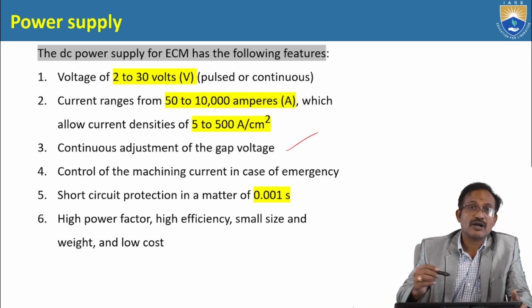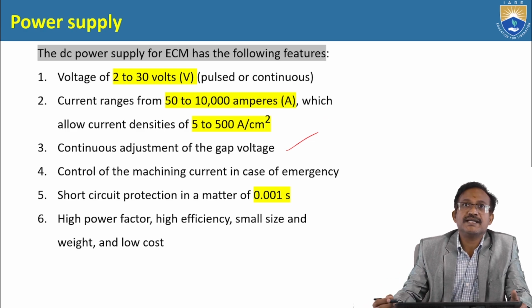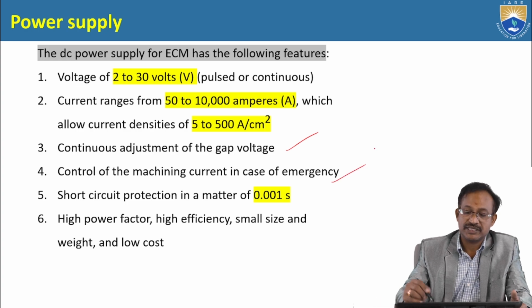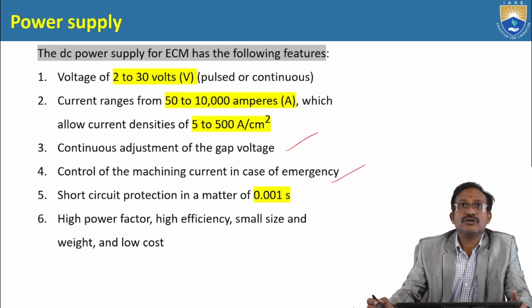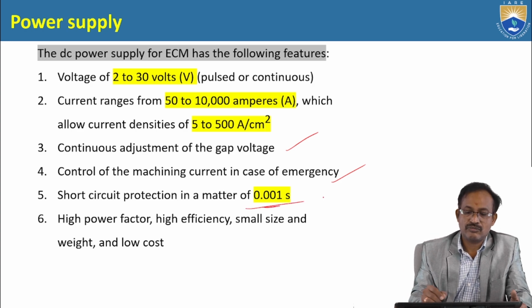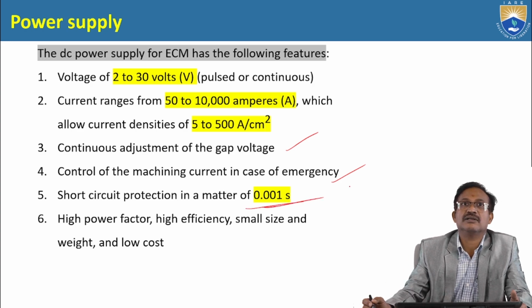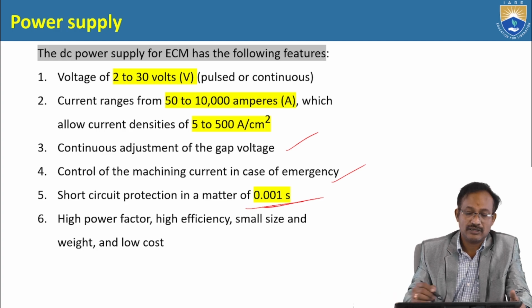Fourth, control of the machining current in case of emergency. Fifth, short circuit protection in a matter of 0.001 seconds. See how fast it will act. Sixth, high power factor, high efficiency, small size and weight, and low cost.